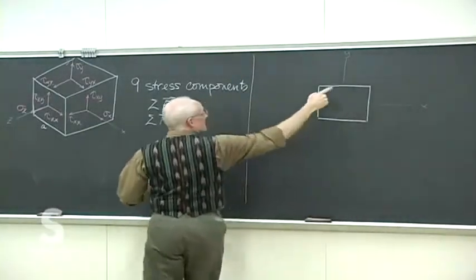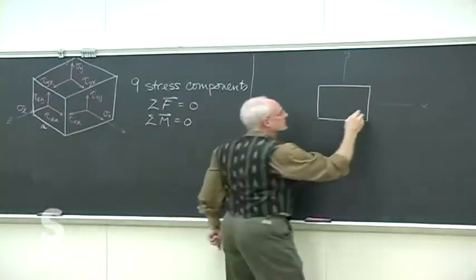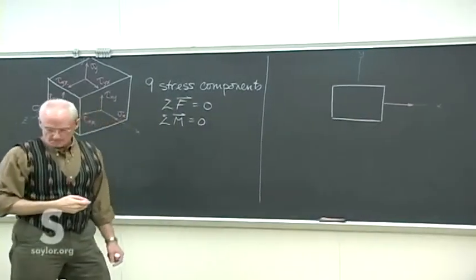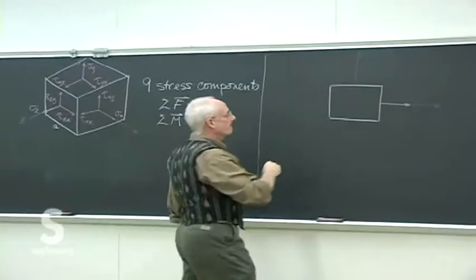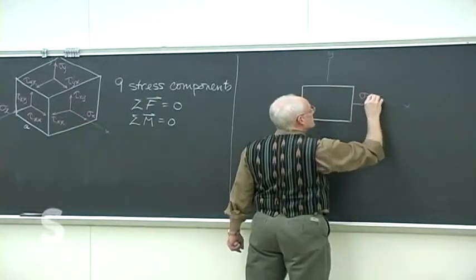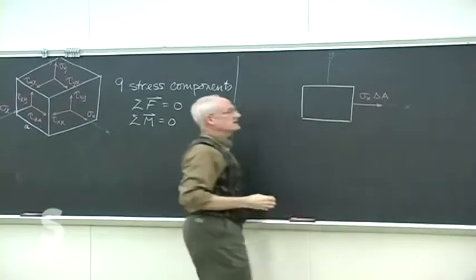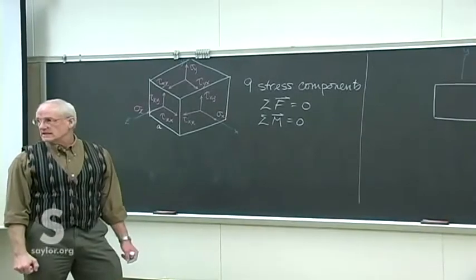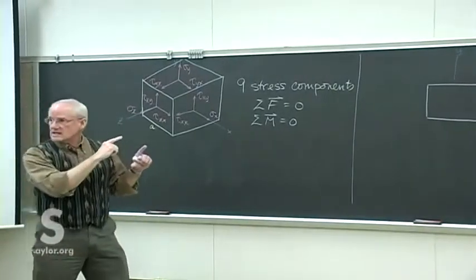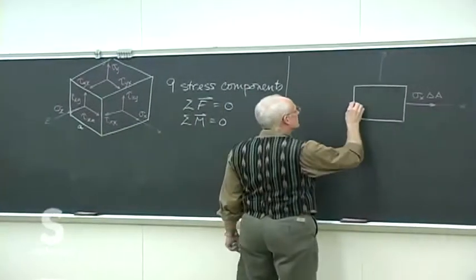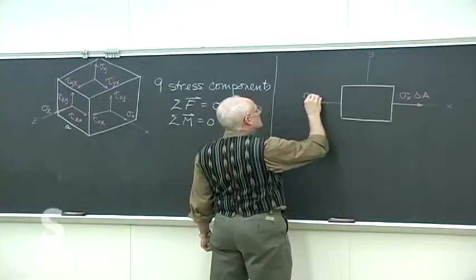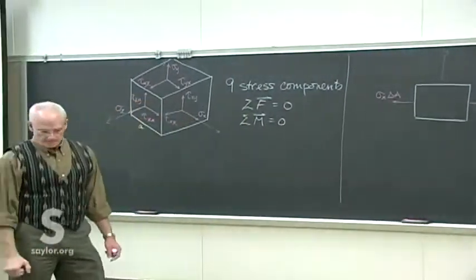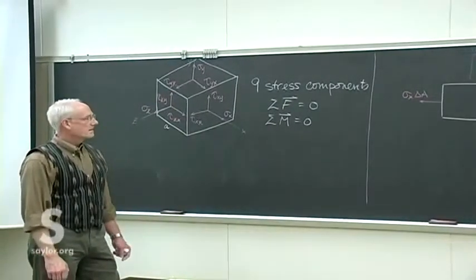And so on this X face now, which is the very original first face we drew, I'll draw not the stresses, but the forces on that piece, because I need to do a force balance on this. So the force on that face is sigma x acting over an area delta A. Remember, that was the size of the element that I first exposed. And of course on the back side, we know there must be an equal and opposite load on the back side.